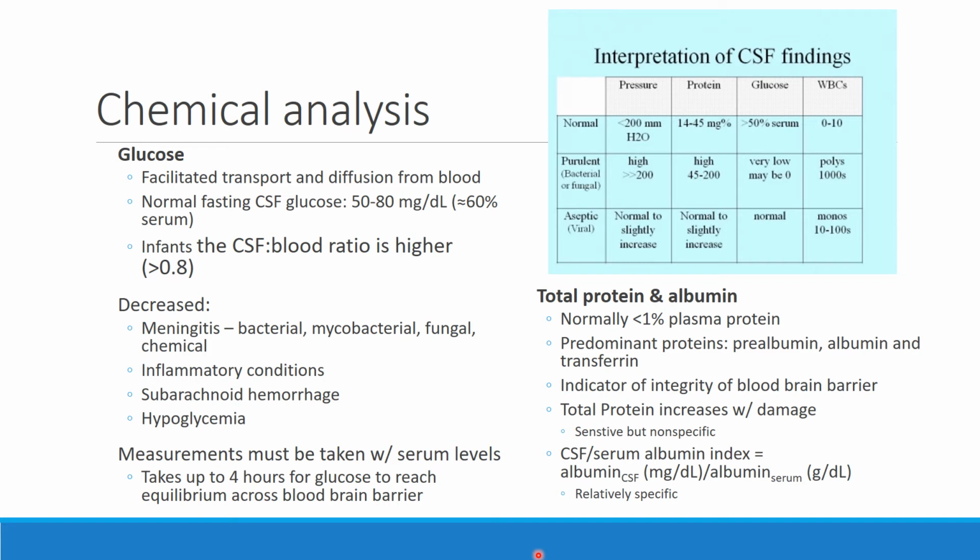It works pretty well. We can use a benzethonium chloride method, or a pyrogallol red method. And they can also use the modified reverse Biuret method.